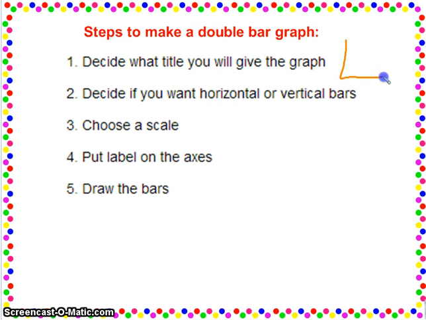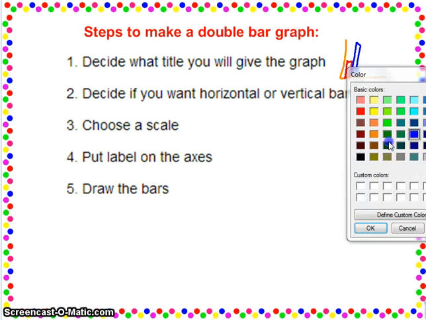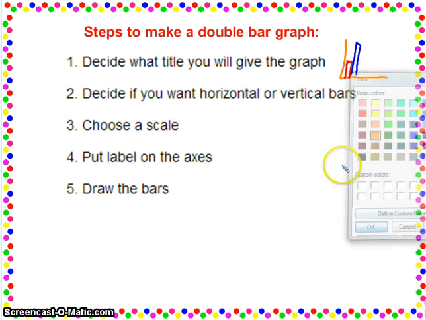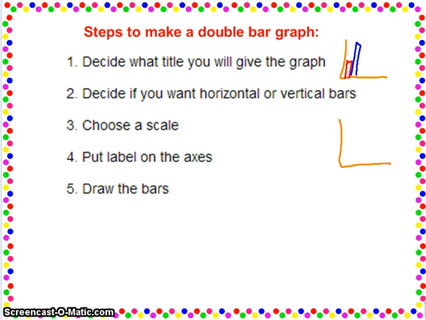So we could make graphs that go like this, or we could make a graph that looks like this. So it is possible to do both of these. I'm asking you to focus on that one. We have to choose a scale of what our axes are going to look like, label the axes, and then we use our data to draw the bar.